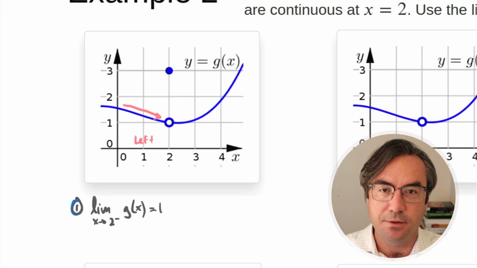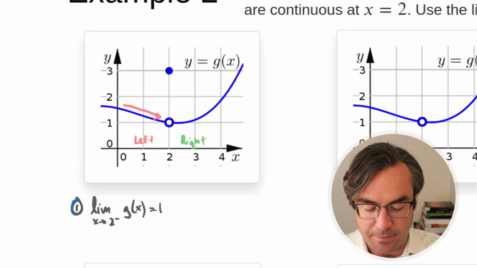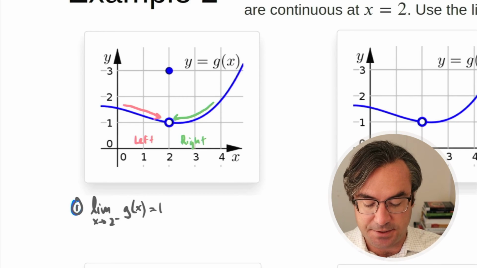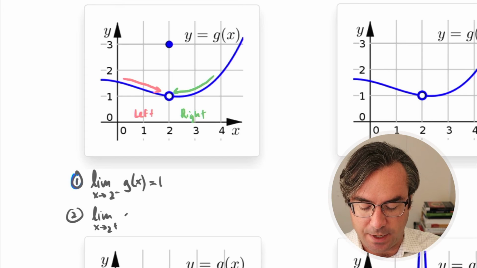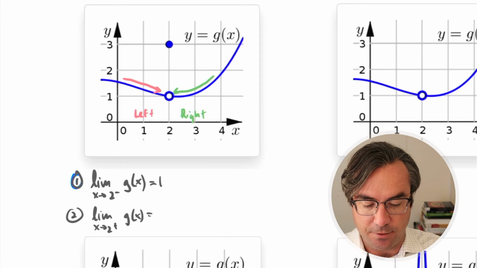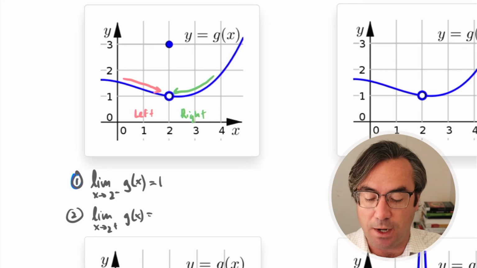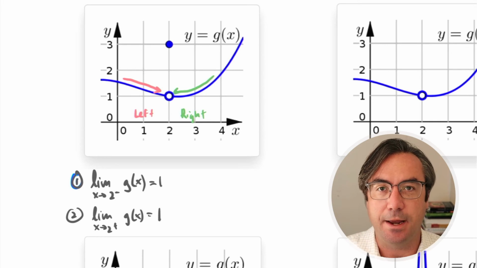Okay. Then we go to the right side. Again, imagine walking along the curve, and the right-hand limit, let's figure this one out. x is going to approach 2 from the right now. And we're approaching that same point, and the y-coordinate for that point is still 1. So this is going to be 1. Okay.